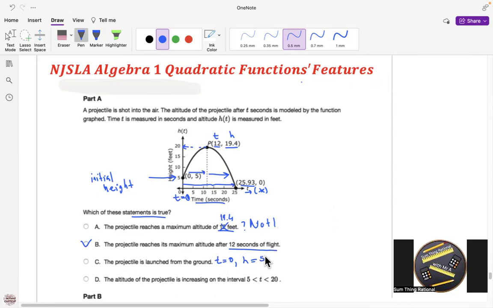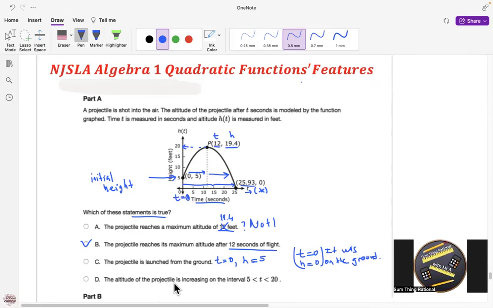If it were launched from the ground, then when t is 0, the height must be 0. But it has an initial height of 5 feet, so it is not.